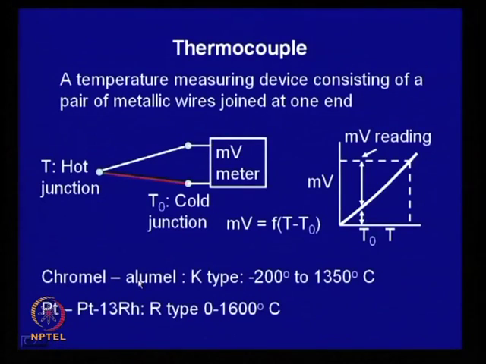Alumel is also chromium nickel with a little bit of aluminum, and this is used over quite a wide range of temperature. And if you want to go to a higher temperature, platinum 13% rhodium is commonly used. Between the two, this is more linear compared to that.